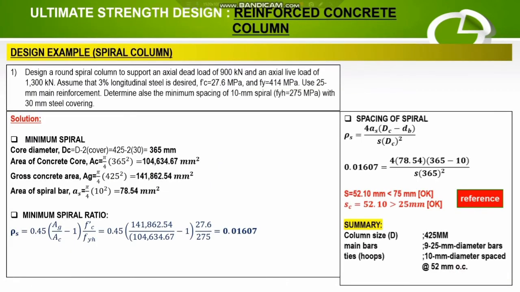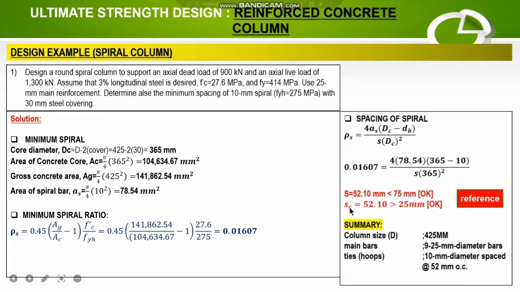So let's go back to the solution. Our computed spacing of the spiral is 52.10 mm, and it should be less than 75 mm, so it's okay. So it is acceptable.